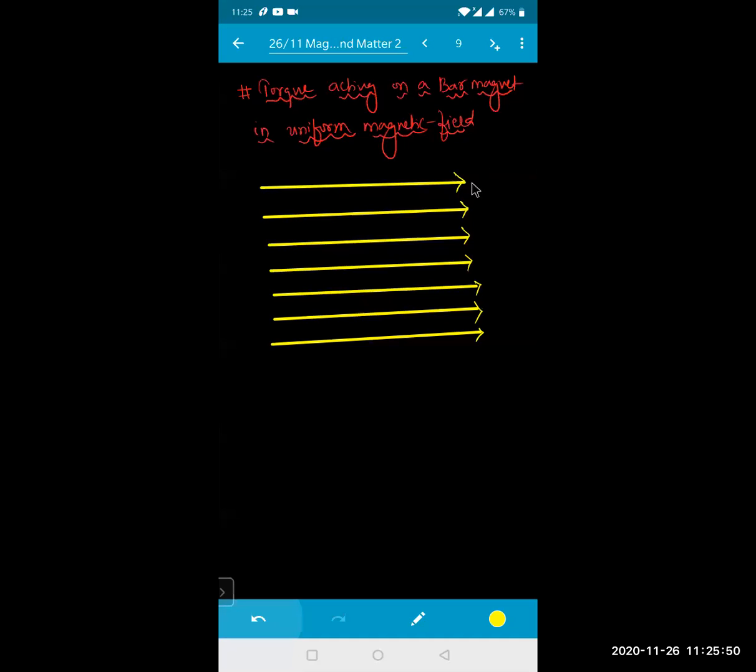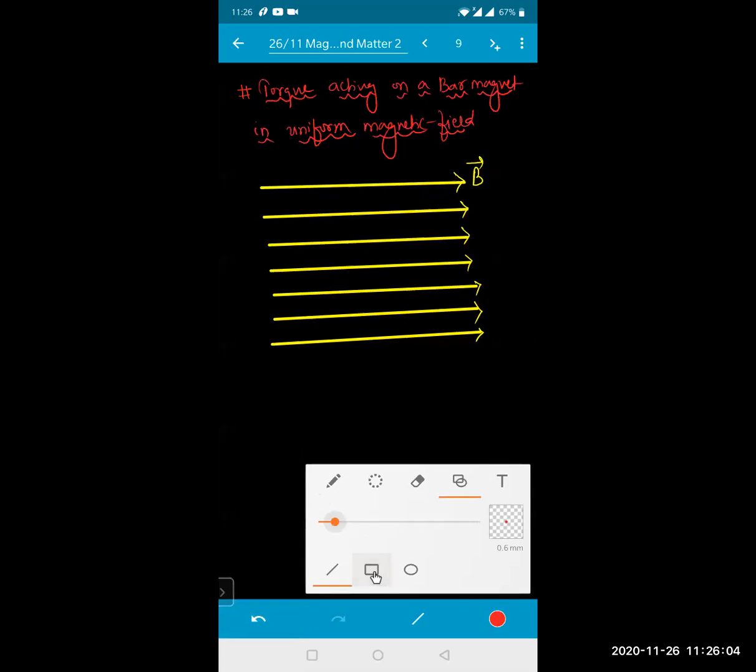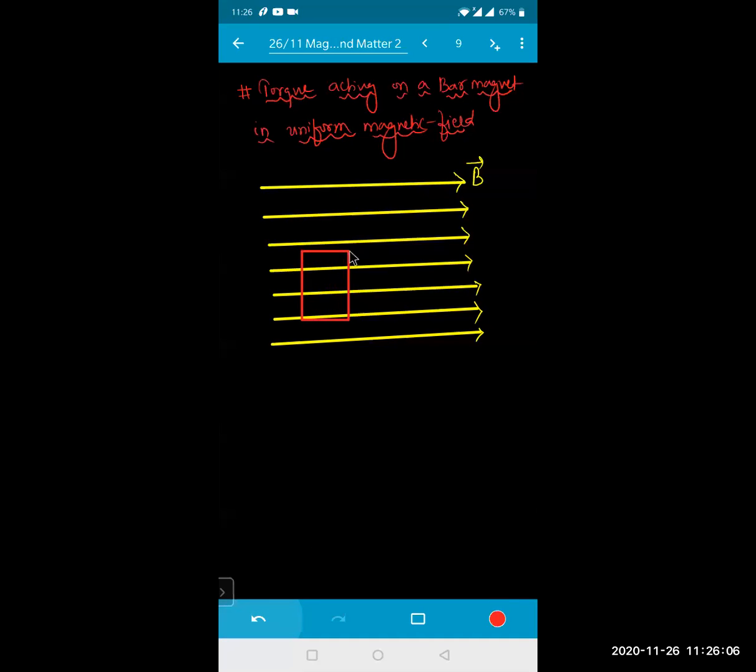And this is represented by B bar. And this should be the north pole, and this should be the south pole, because the field starts from the north pole. So this is the way. And in this one, we are keeping a bar magnet. Like this, I'm keeping a bar magnet in this.